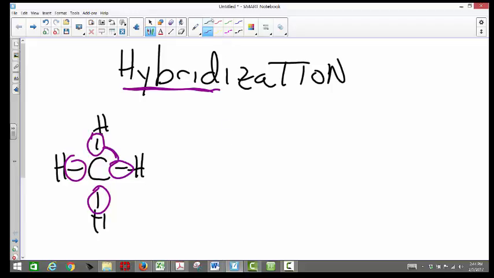Essentially, it looks like there's my carbon, there's a hydrogen here, there's a hydrogen here. All three of these are in the same plane. There's a hydrogen coming out at you, there's a hydrogen going back in, and every one of these bond angles is the same.